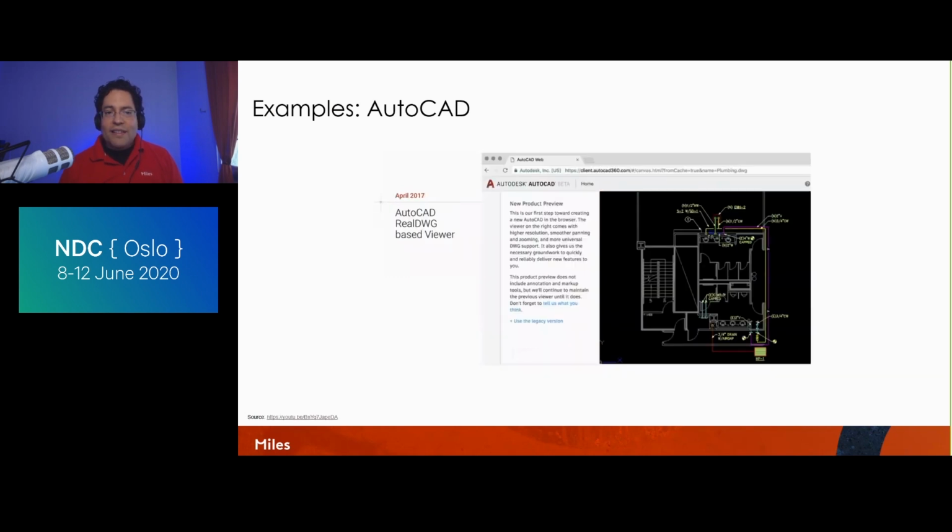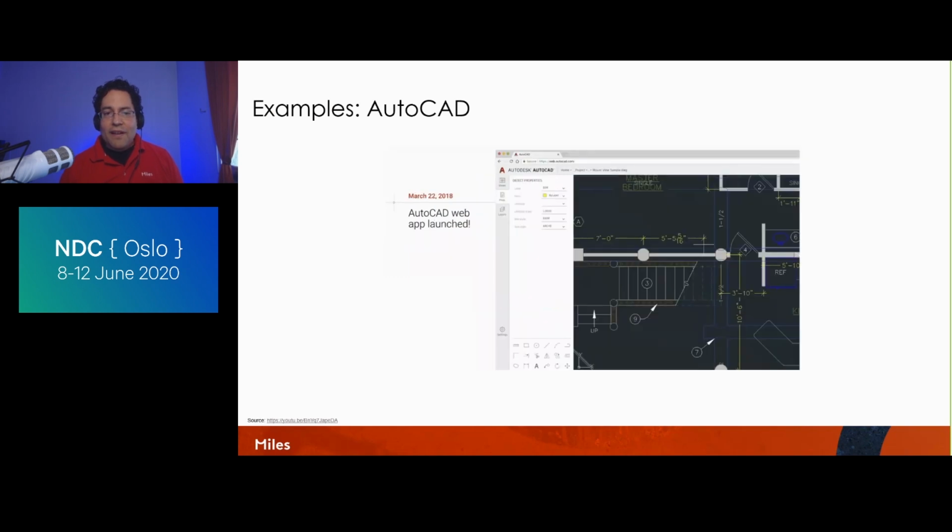And then in 2017, they used something called RealDWG, which is their own format for these drawings. They made a viewer for that, which is web-based. And then in 2018, they made an AutoCAD web app using WebAssembly.